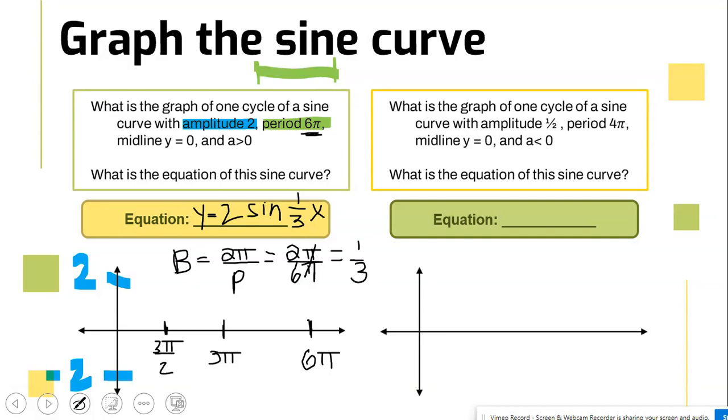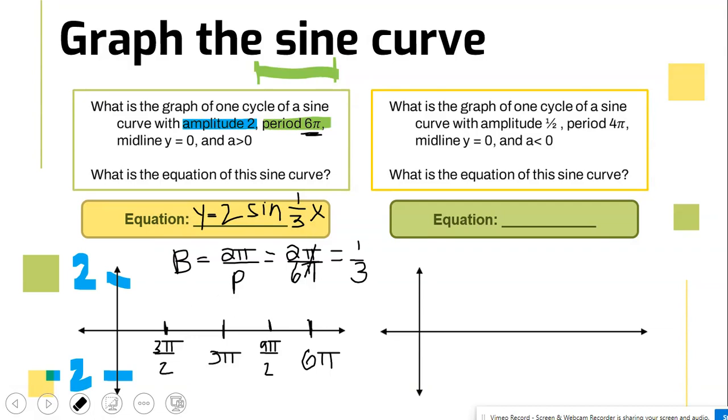It's a little weird, but we'll just leave it as 3 pi over 2. And we're going to count. So this is 3 pi over 2. This would be 6 pi over 2. The next one would be 9 pi over 2 from here to here. And then 10, 11, 12 pi over 2 to get that last piece.